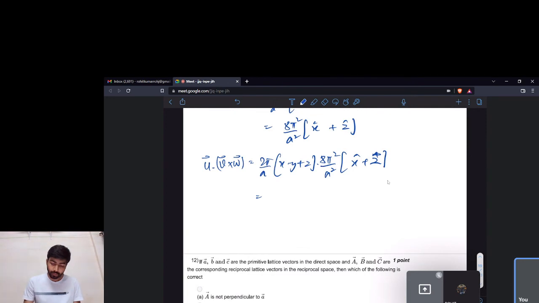So it becomes 16 pi cube by a cube. X into x becomes 1, z into y is 0, z into z is 1. So we have 32 pi cube by a cube.